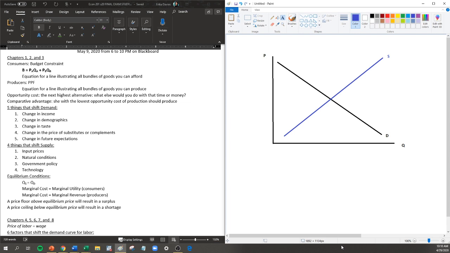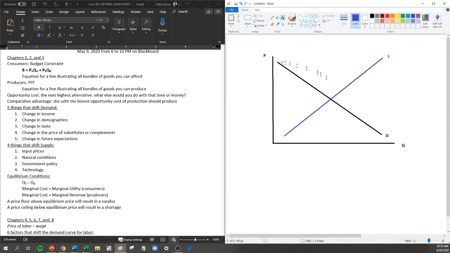So you can see the tension here. If consumers were the only ones in existence in the market, we would want infinity things for $0. But if producers were in charge of the market, they would want to produce 0 things, right? They wouldn't want to work at all, and they would want the 0 things they're selling to cost $1 million. So we have to come to some kind of agreement here.